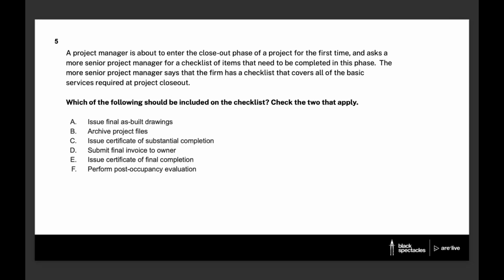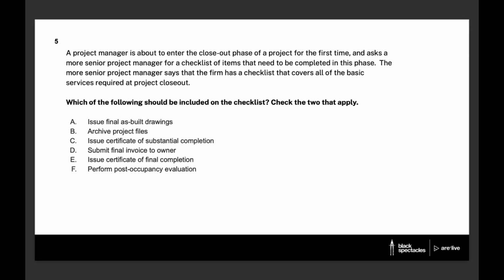How can you be totally sure that the project is finally complete, that the contractor's done everything they were supposed to do? Saying something is substantially complete is different and more open-ended, but for that reason, there's no certificate of final completion. Typically, the final certified pay app is a signifier that the project is finally complete, and that's the mechanism that you'll use to close out a project with the contractor.